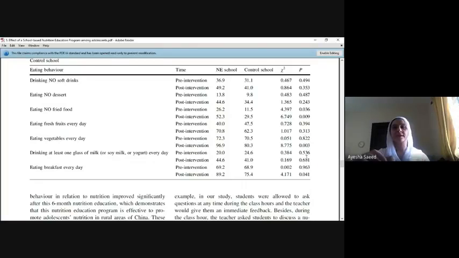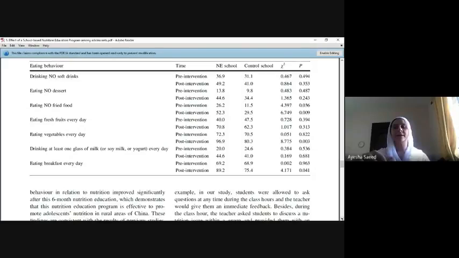Then again, no difference, no difference. And the last, eating breakfast every day had a significant difference. It rose from 69 to 89 by 20%. This one improved. So there was an improvement in eating breakfast, eating more vegetables, and eating no fried food. One negative trait and two positive traits.